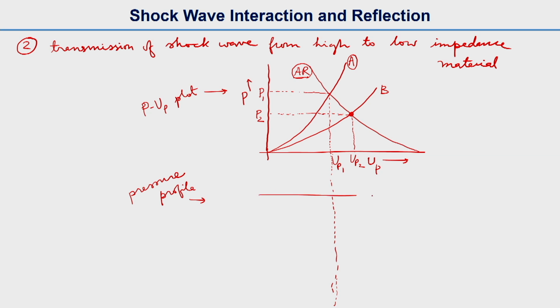At time equal to T naught, the pressure pulse, the shock wave pulse, is moving towards the interface. The left side is medium A, or material A, and the right side is material B, or medium B, and at time equal to T1, this pulse will hit the interface.